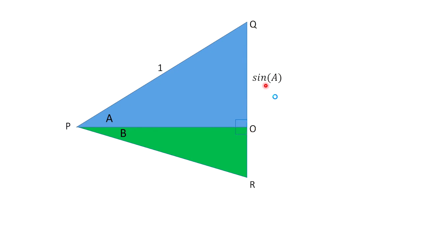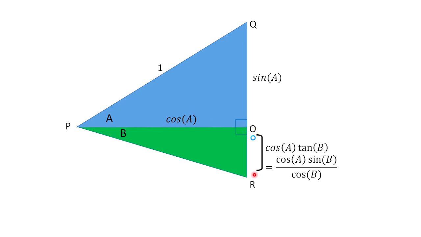QO is sine A, because it's based on the definition of trigonometry, and the length of OP is cosine A. Then the length of OR is, because this is cosine A and this is angle B, cosine A tangent B, which equals cosine A times sine B divided by cosine B. We can similarly find the length of PR.